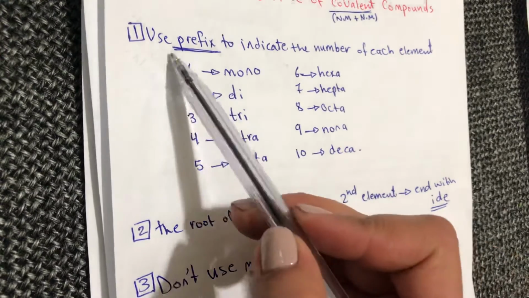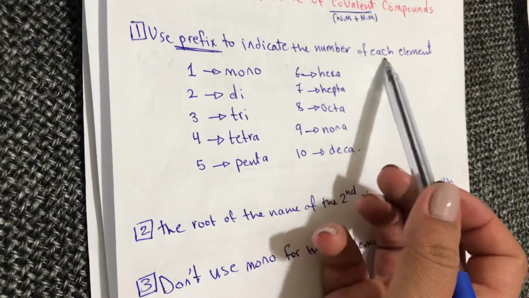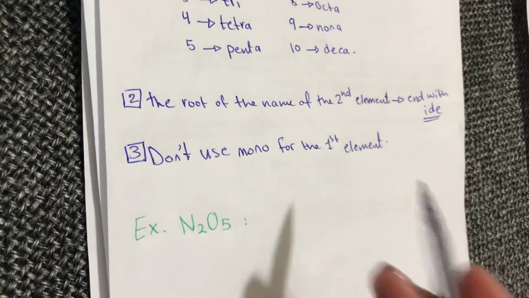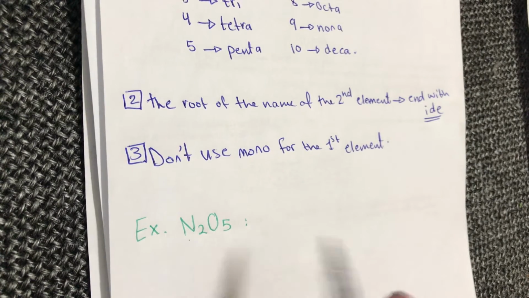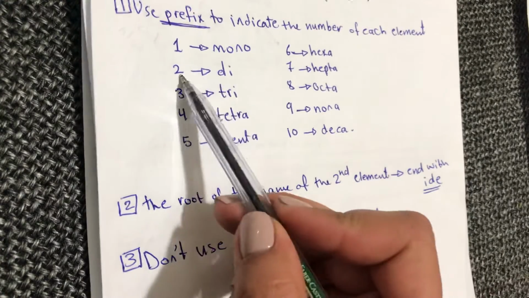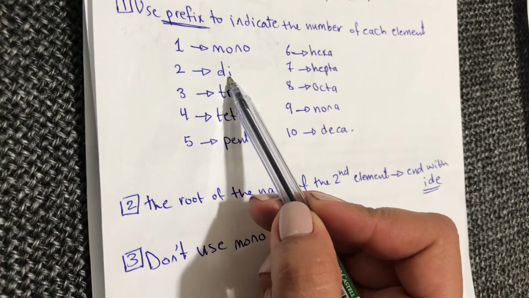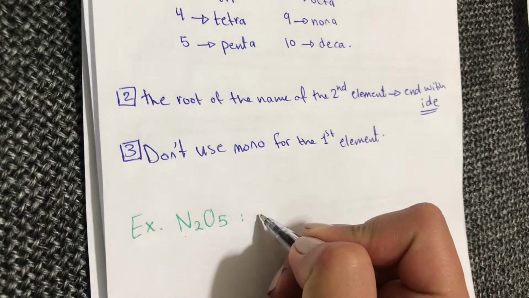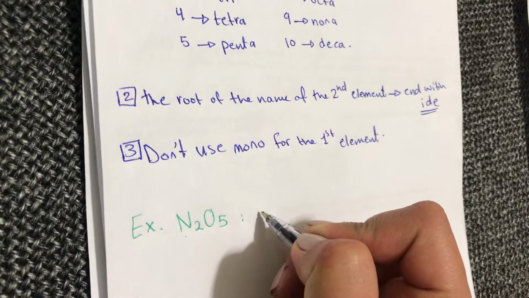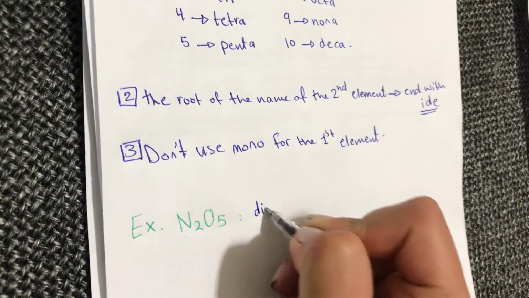Rule number 1, use a prefix to indicate the number of each element. Here you have nitrogen. How many nitrogen atoms? You have 2. So which prefix indicates 2? Di. So before you write nitrogen, you have to use the prefix di-nitrogen.